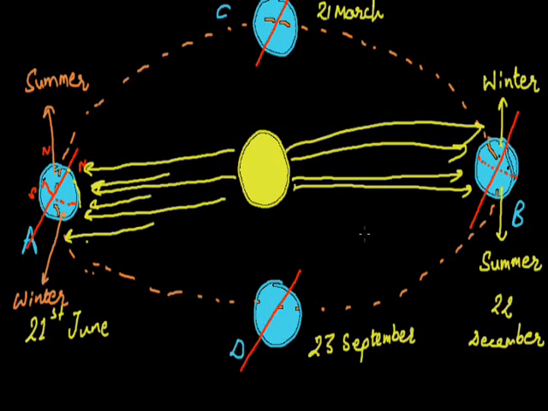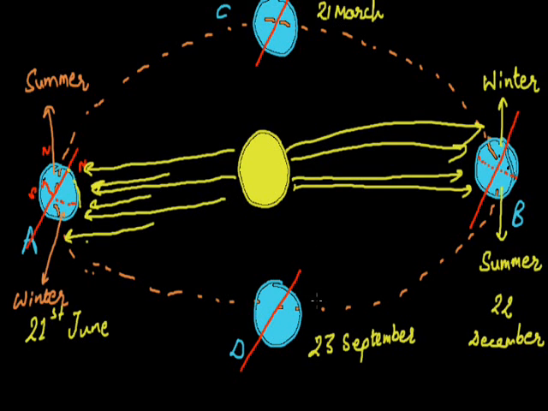As we know, the revolution and this tilt cause the elongation of day and shortening of nights, and then consequently elongation of nights and shortness of the day. So what we see when this 21st June comes, the day is most elongated in the northern hemisphere, while night is most elongated in the southern hemisphere, and here we see that the shortest day occurs in the northern hemisphere, while the night is the most elongated.